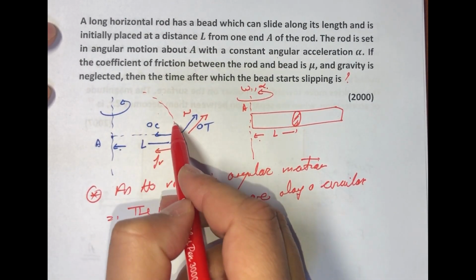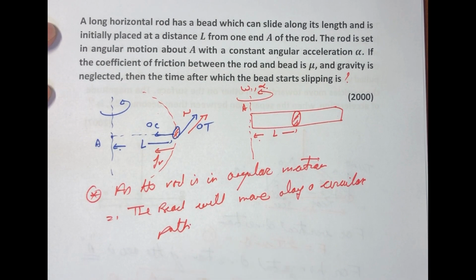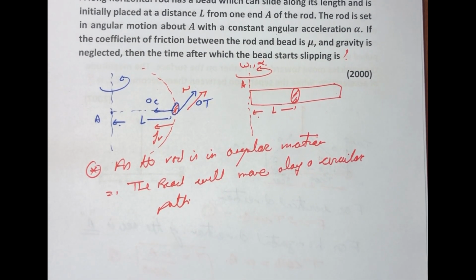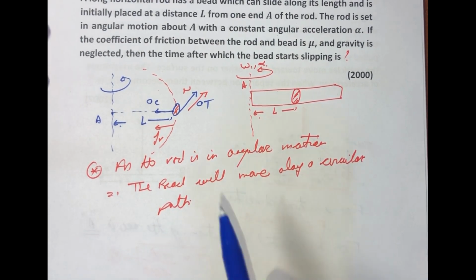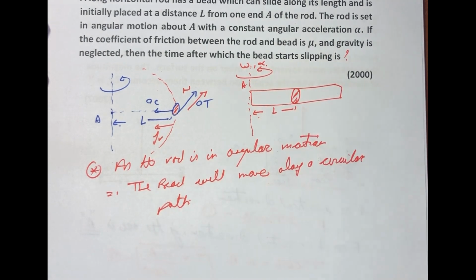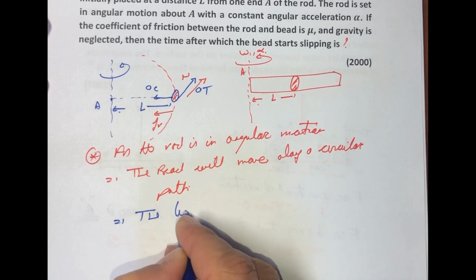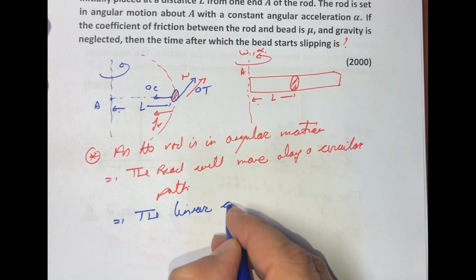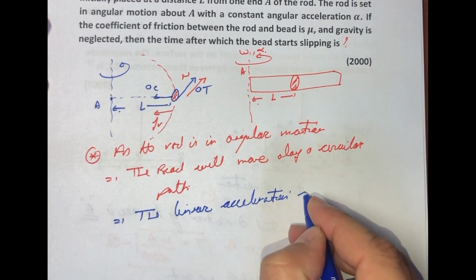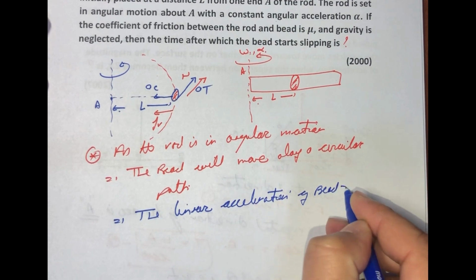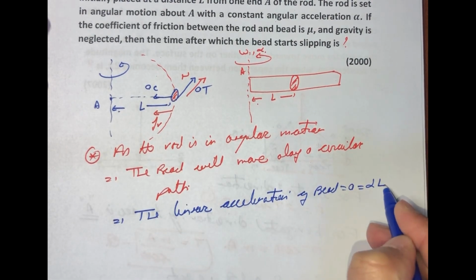So the bead will be trying to move something like this along a circular path. Therefore, angular acceleration is already given as alpha, so the linear acceleration of the bead, which is given as A, will be equal to alpha multiplied by length, that is L.